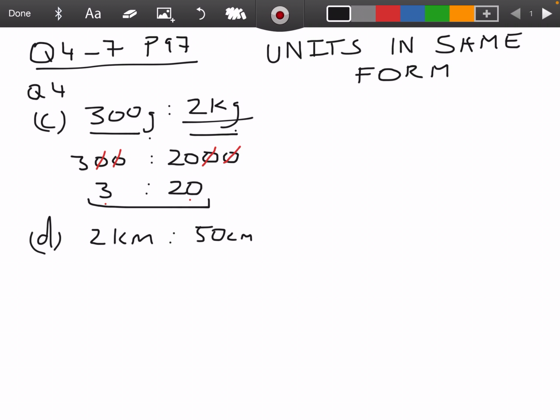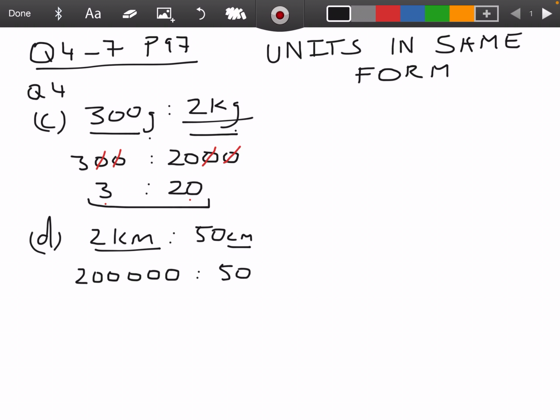Again, I'm going to change this unit into centimeters. So I want to change 2 kilometers into centimeters. And it says in the question again, 1 kilometer is 100,000 centimeters. So I've got 200,000 centimeters is to 50.